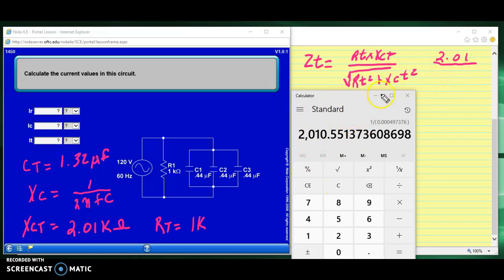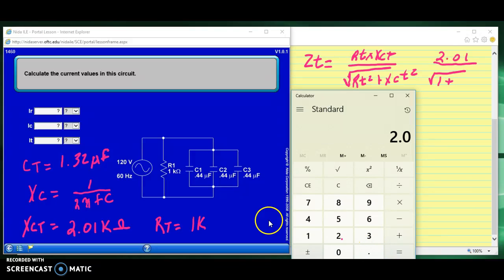So R total is 1 times 1 is 1 squared, so let's write that under here. If we square 1K, we get 1, plus, because 1 times 1 is 1. If we do X of CT, that's 2.01 squared, 4.04.